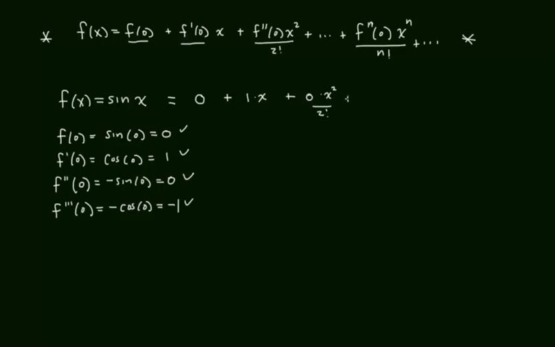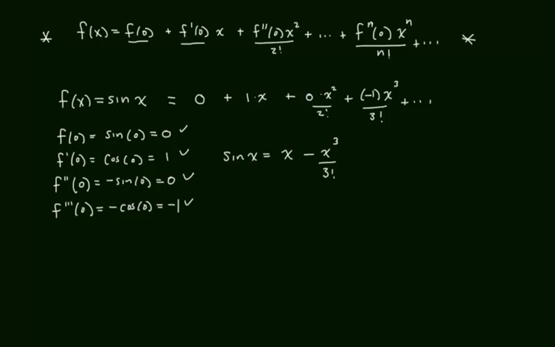Now I'm going to do the next one, plus it would be negative 1 x to the power of 3 over 3 factorial, plus dot dot dot. So that looks very messy. So let's do some tweaking here. I'm not going to write the 0 term, so the first term of sine of x is x. The next one is going to be minus x to the power of 3 over 3 factorial.